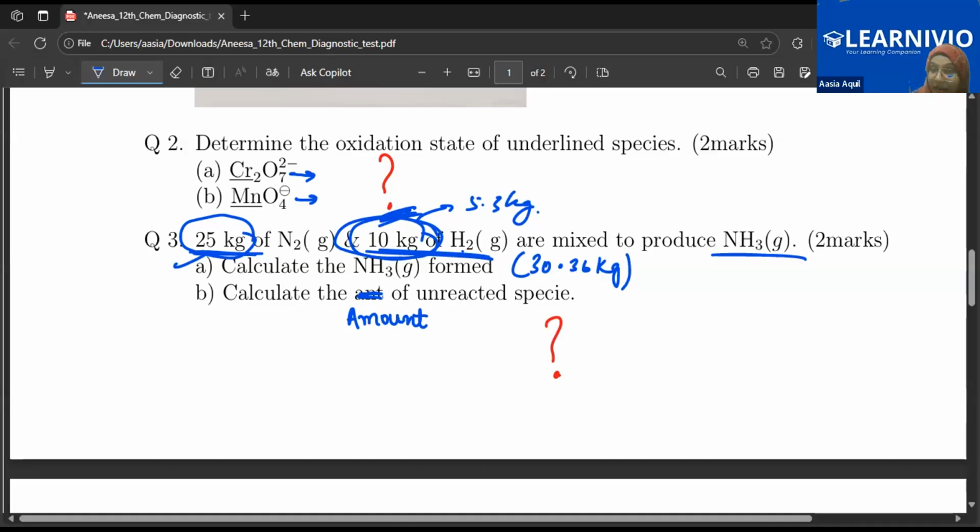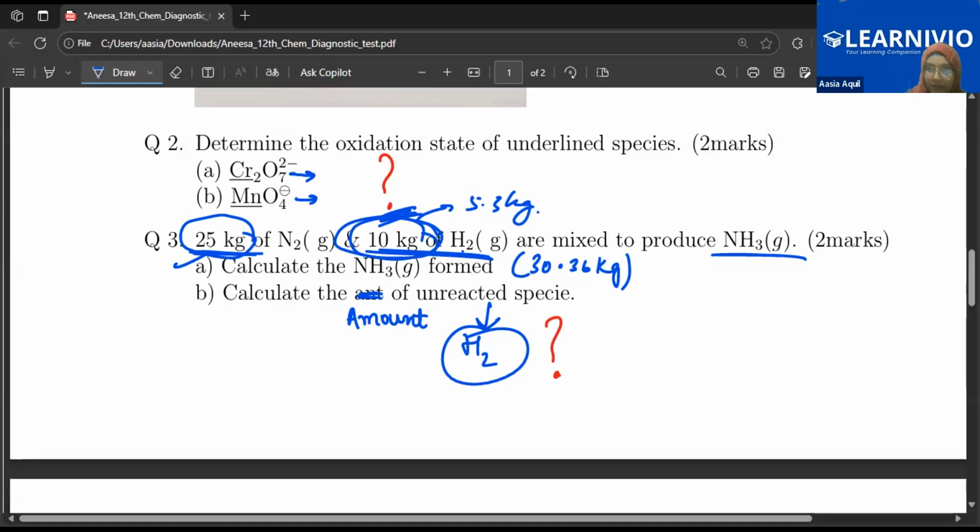We know that the unreacted species is hydrogen, which is in excess. Now, 10,000 gram of hydrogen was given, meaning 10 kg of hydrogen was given, and the required amount of hydrogen is only 5.3 kg. So what will be the amount of unreacted species? 10 minus 5.3 kg.